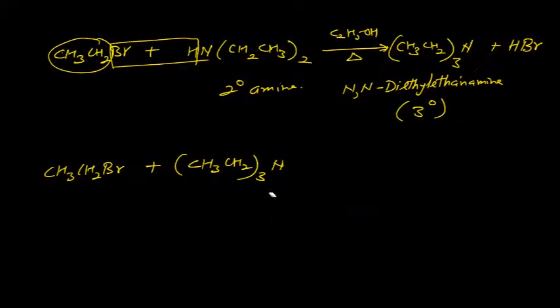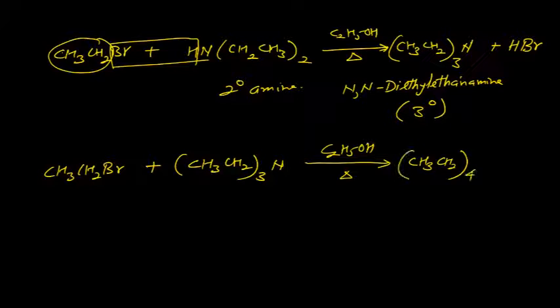Rather, these will combine and form a salt. Conditions will be the same, C2H5OH and heat, but it will be (CH3CH2) whole 4 N and Br. Now, because it is a salt, make sure that you show the charge.